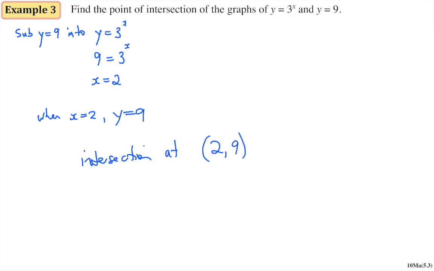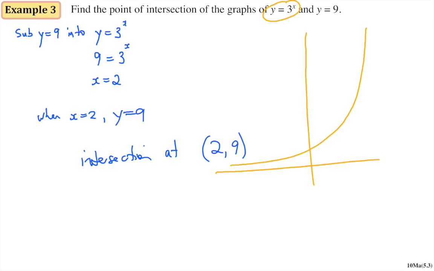Now, just so you can see what this would look like, you're not asked to graph it, but that is an exponential that looks something like this. Go through it once. The line y equals 9 is a horizontal line that goes through the y-axis at 9.